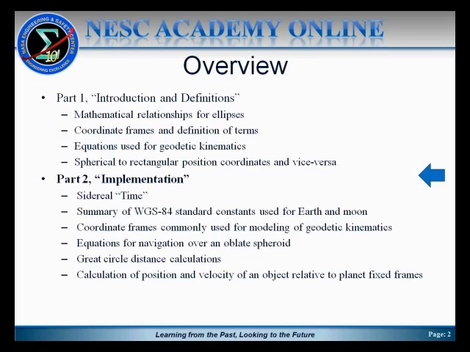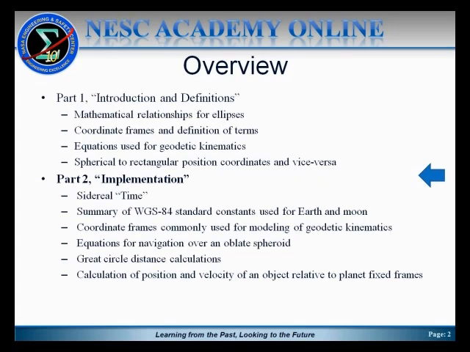First, we'll start off with, again, a discussion or definition of what sidereal time is. It's commonly used in these type applications. We also will provide a summary of World Geodetic System 1984 constants that have been defined for the Earth and the Moon. We also will discuss some coordinate frames that are commonly used for geodetic kinematics, and the equations for navigating over an oblate spheroid that might be used, for instance, in inertial navigation software.